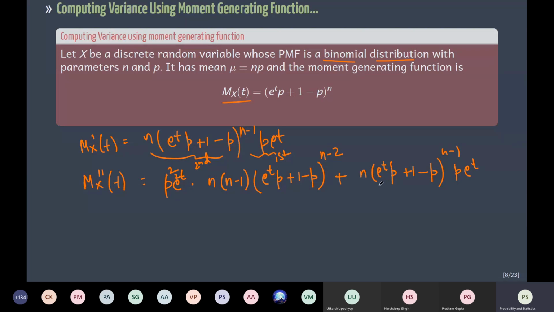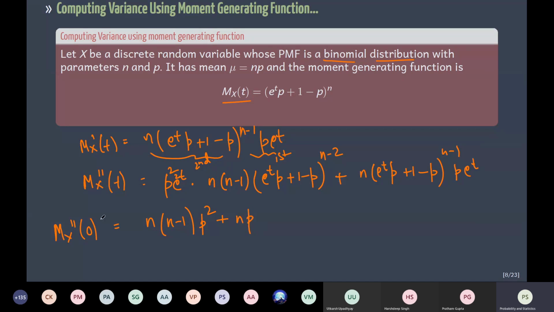So overall, we have this. Now we have to evaluate this at 0. If we evaluate this at 0, then we get n minus 1 and then p squared plus, because this becomes 1, np.